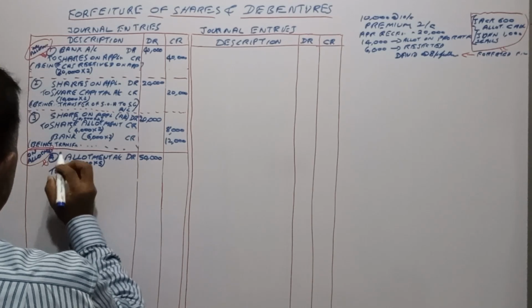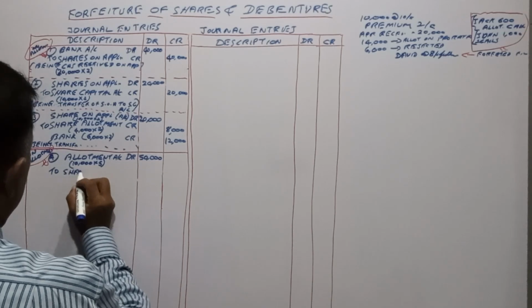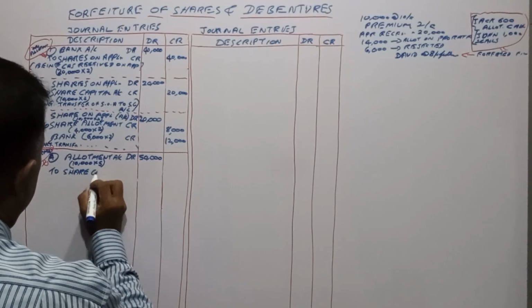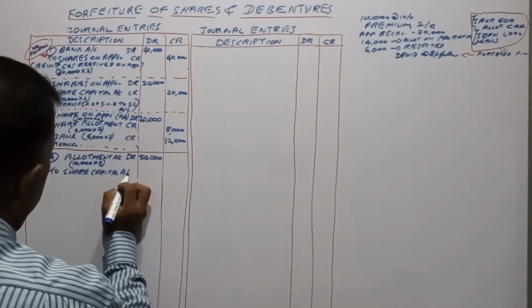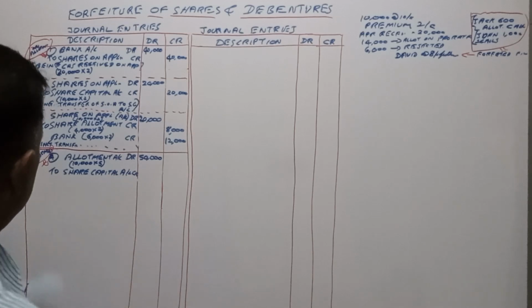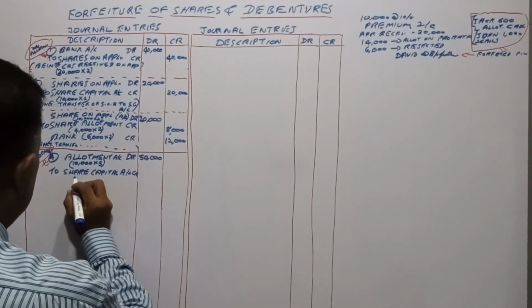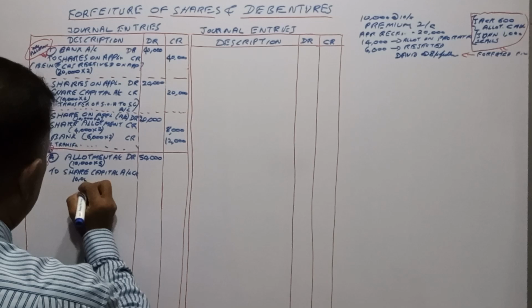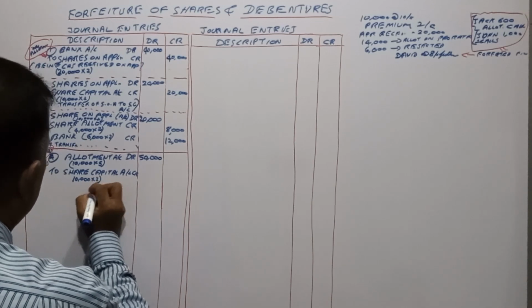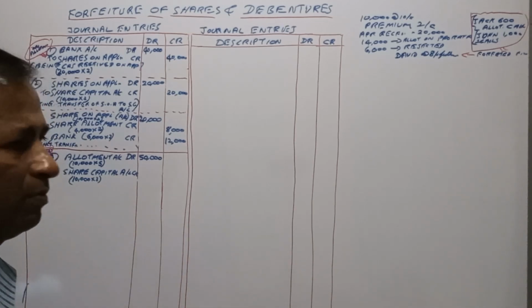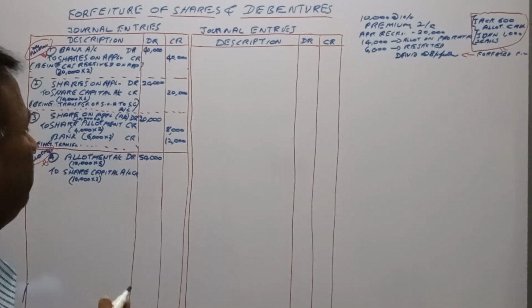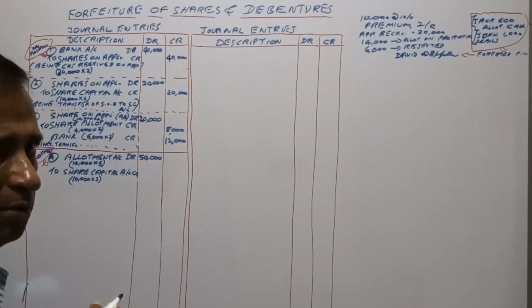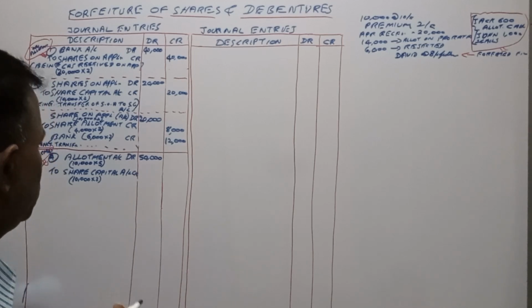Then the balance is share capital account credit. How much? 10,000 into 3 rupees is relevant to share capital, because 2 rupees is share premium, right? Out of 5 rupees, 2 rupees is share premium, so we take out 2 rupees out of 5.